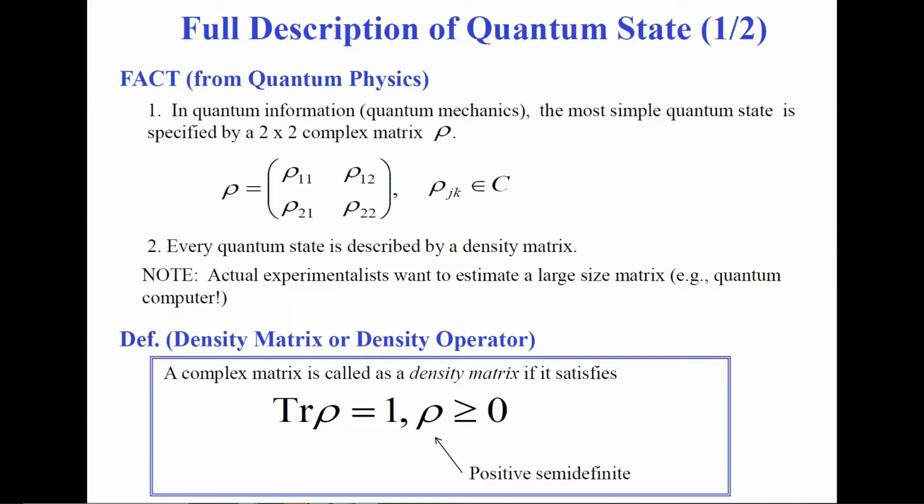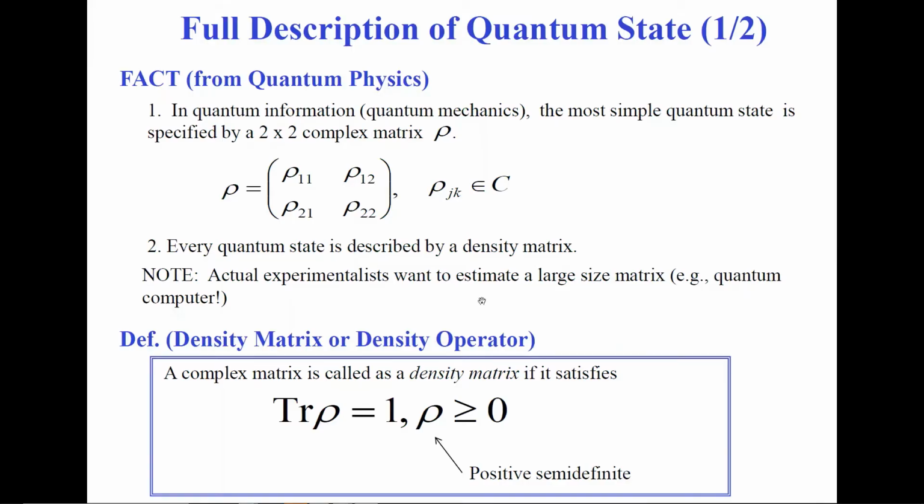Okay, and in this talk, we often focus on this very simple 2 times 2 complex matrix called the density matrix. And of course, we can give the mathematical definition of a density matrix. Definition: a complex matrix is called a density matrix if it satisfies the following 2 conditions.